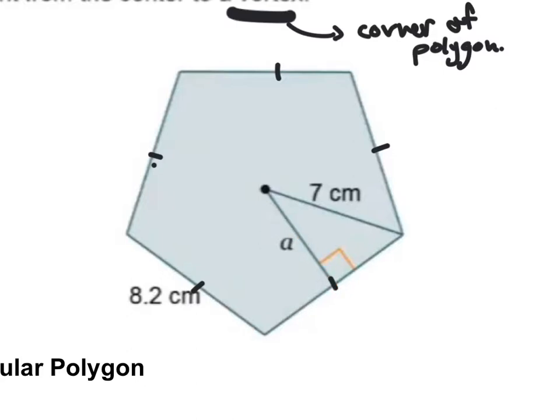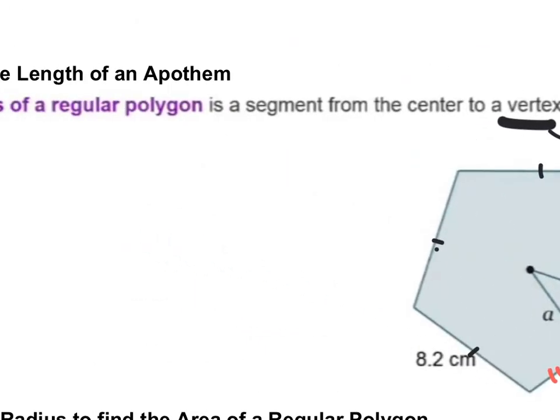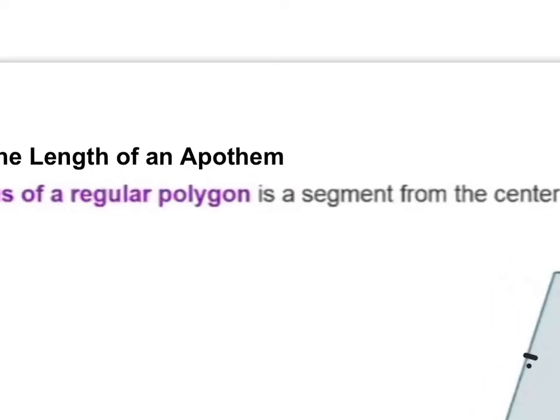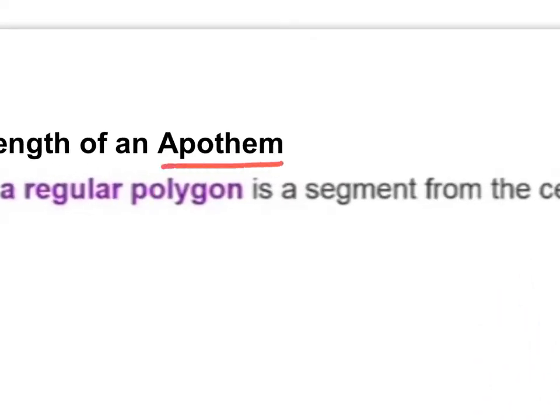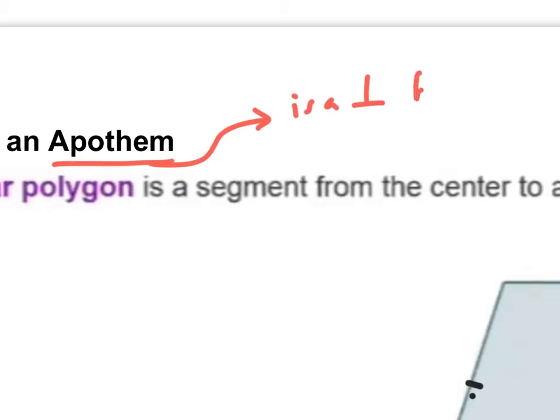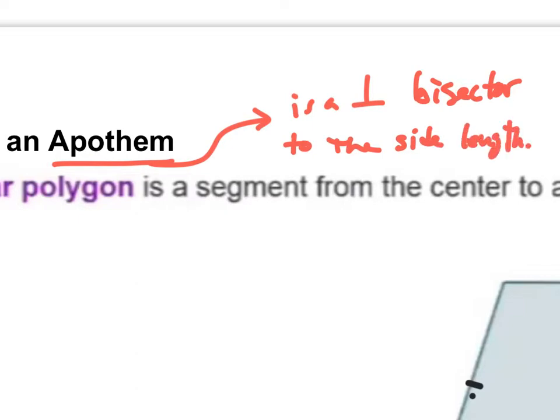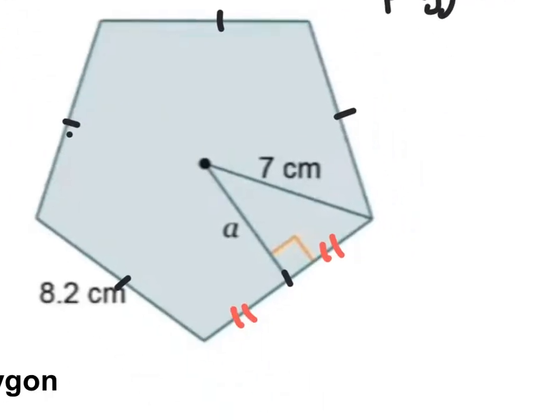So you end up getting these two congruent lengths here, okay? And because of that, let's write that down up here: the apothem is a perpendicular bisector to the side length. So we have that value, all right?